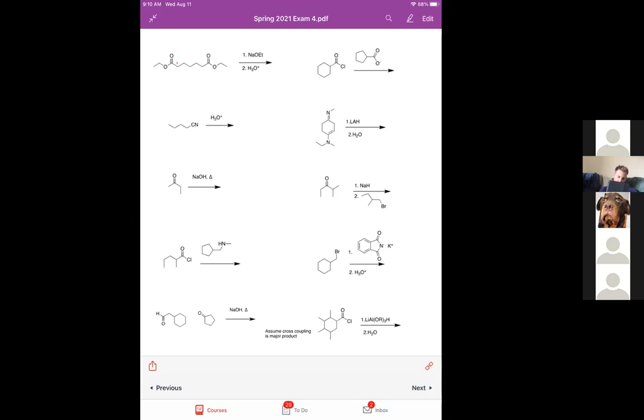Got 1, 2, 3, 4, 5, 6 carbons in between. This might be the exact same problem we did before without the methyl groups on it. We're going to make a 6-membered ring.